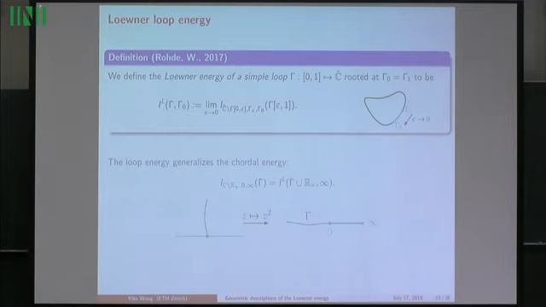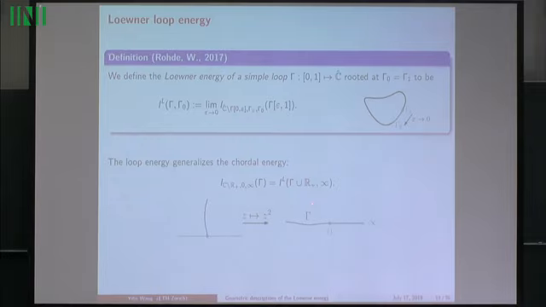The loop energy in fact generalizes the chordal energy in the following sense. In the upper half plane setting, the boundary is the real line, and you have a chord sitting in the upper half plane. When we apply z to z squared, we map the upper half plane to the complement of the positive real line, and you get the curve gamma in it.